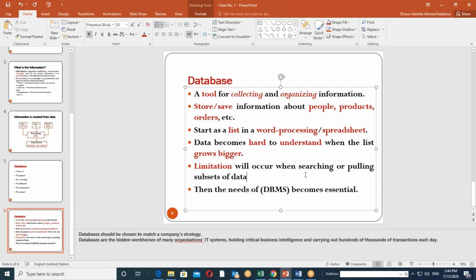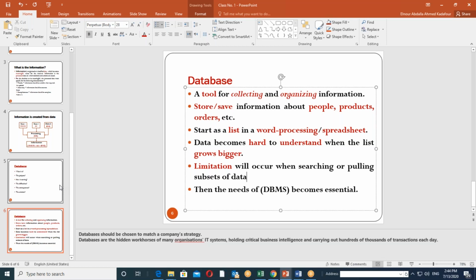Another example: think about the civil records of ROP, the Royal Oman Police. If they are looking for someone, whether he is a citizen or a foreigner, and they do not have a proper database, it is very difficult to deal with that task.